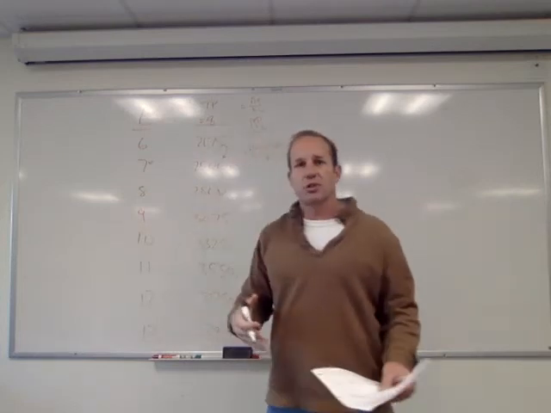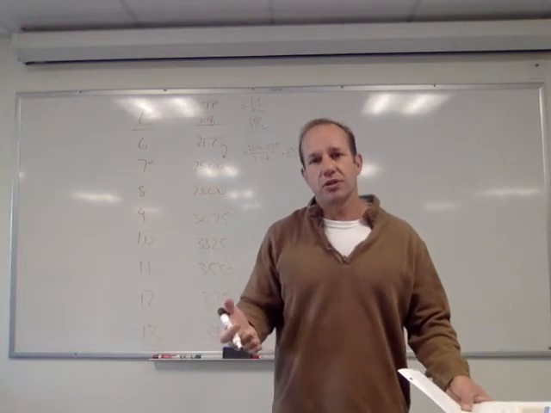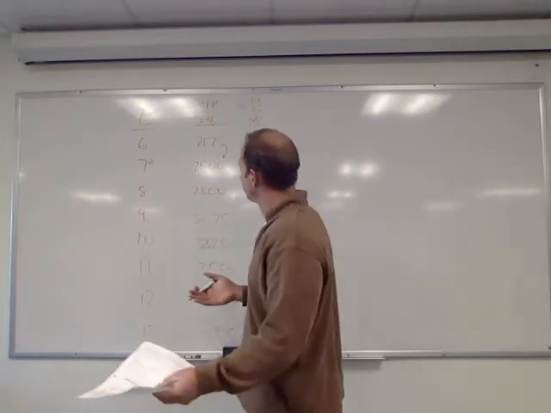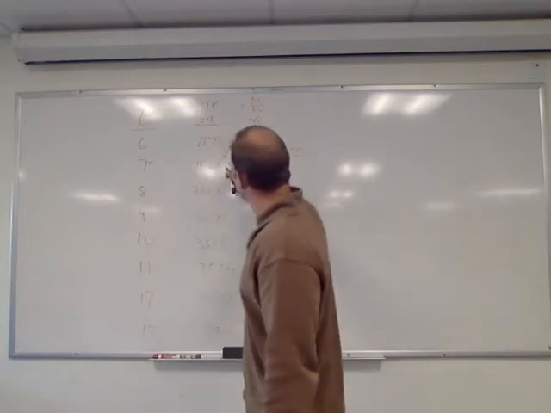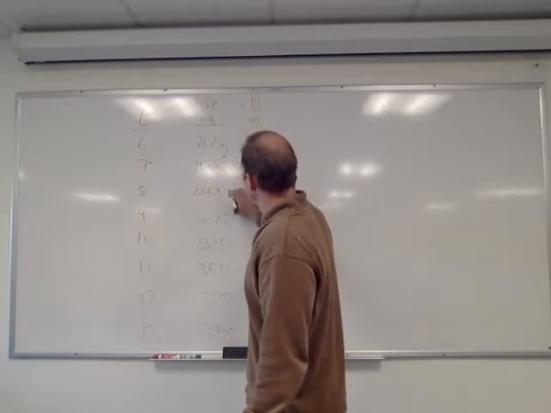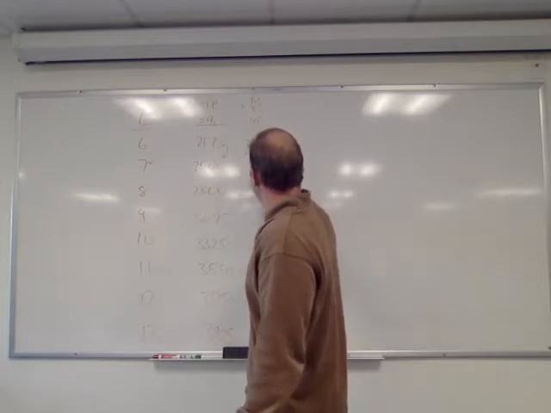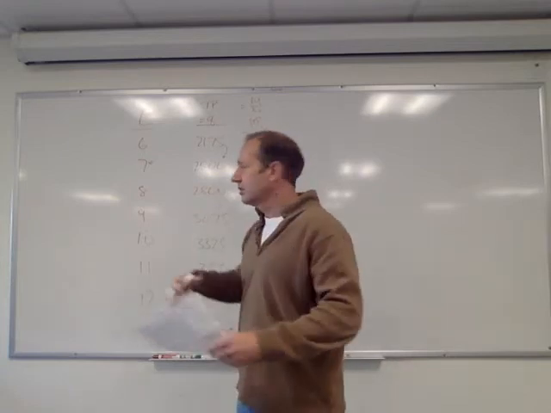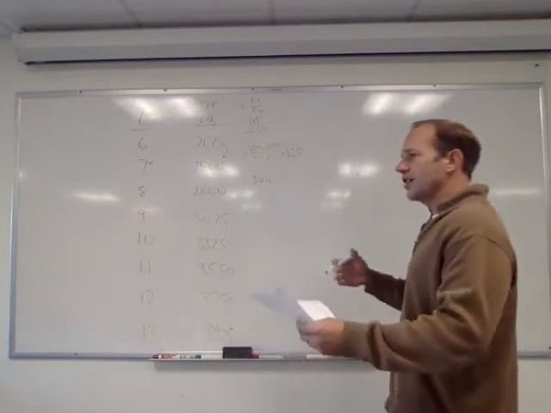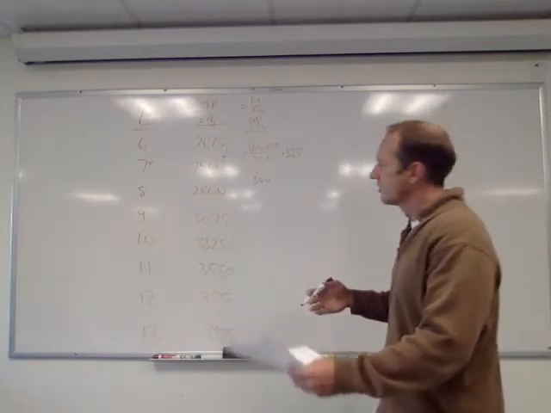This worker raised output by 325 units by coming to work. Another worker comes to work. Output rises to 2,800 units. 2,800 minus 2,500 is 300 units. The 8th worker increases output, but only by 300 units.